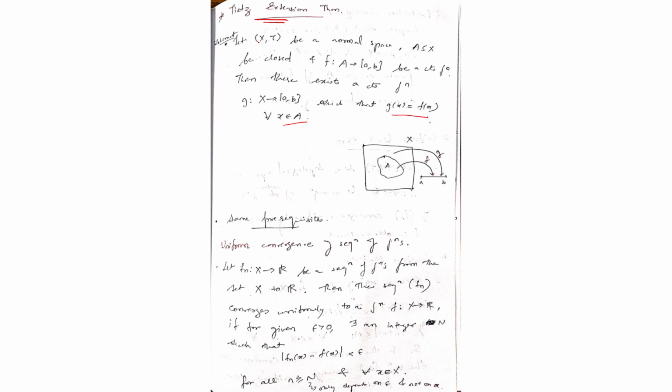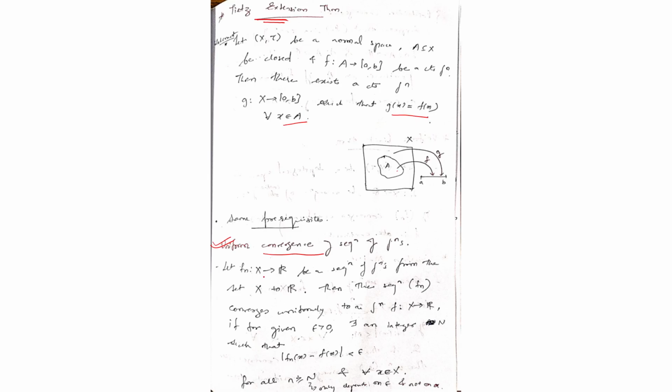Fine. Now for proving this theorem, some prerequisites have been discussed. So there was uniform convergence of a sequence of functions, some basics of real analysis. What is the uniform convergence of a sequence of functions?